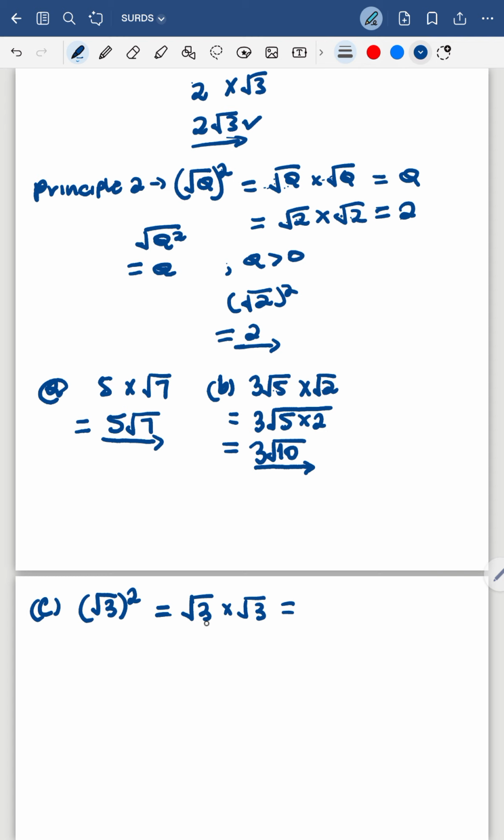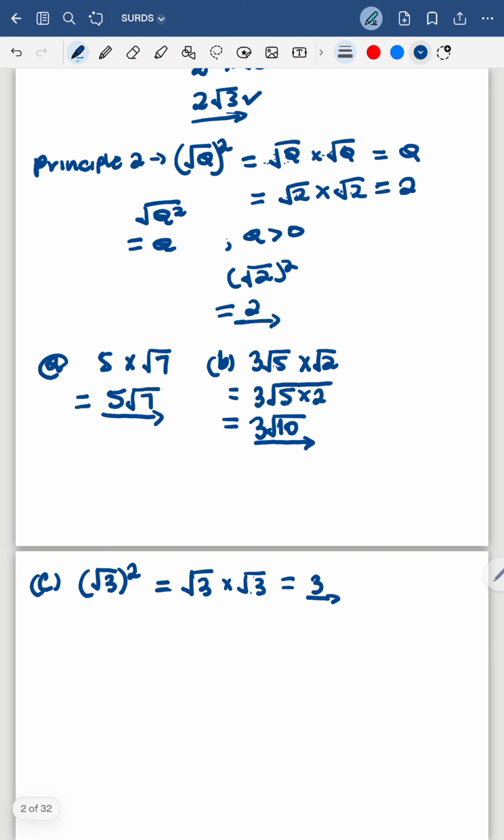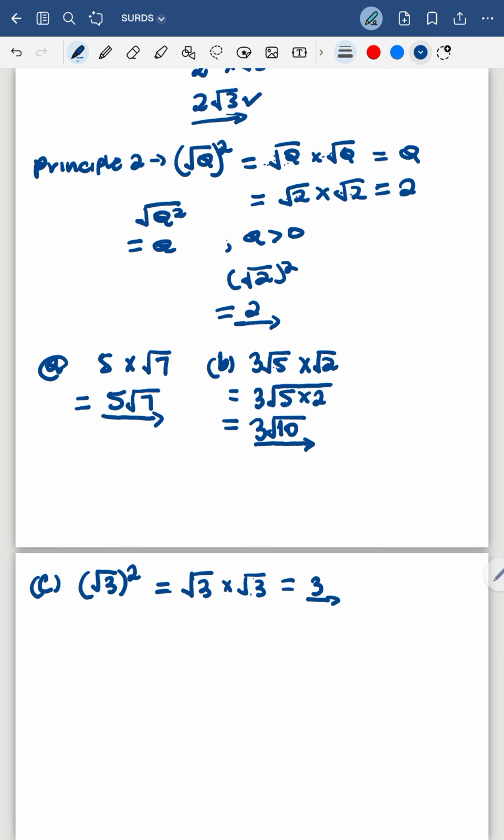Then root 3 multiplied by root 3, it's going to be 3 because this root and this root is removed because these are like terms and there is a multiplication. So the square root is removed when the terms are the same inside the square root. So you'll be left with this one number. So here it's going to be 3. This is your answer.